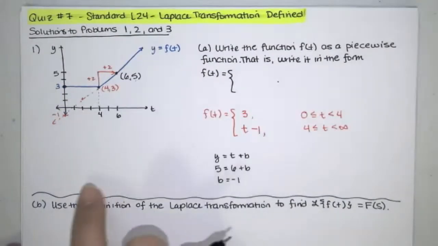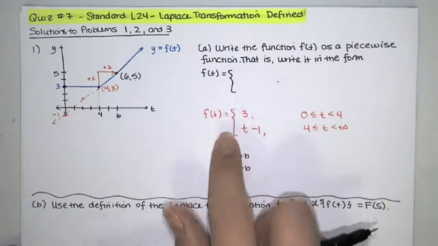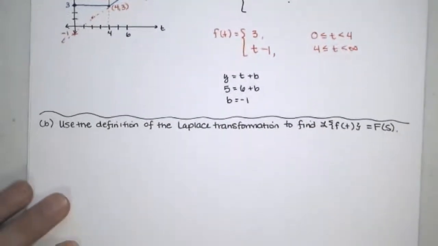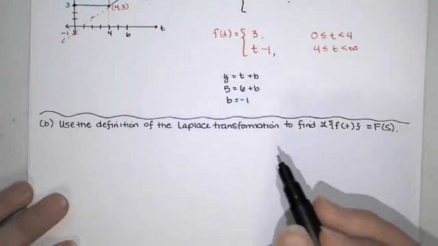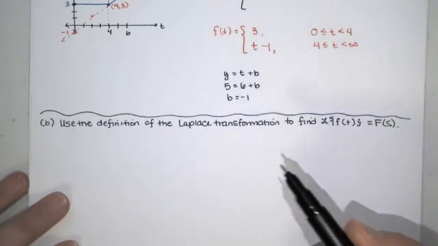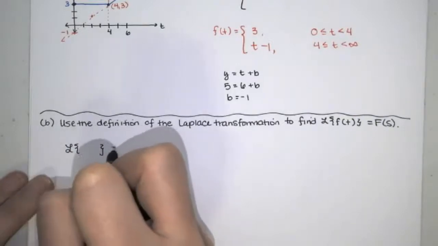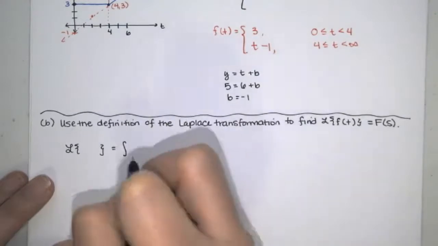So in part B, we're asked to use the definition of the Laplace transformation to find the Laplace transform of f of t. So this is a piecewise function. So this integral from 0 to infinity that we see in the definition of the Laplace transformation can be split into 2 pieces. Now remember what the definition of the Laplace transformation is.